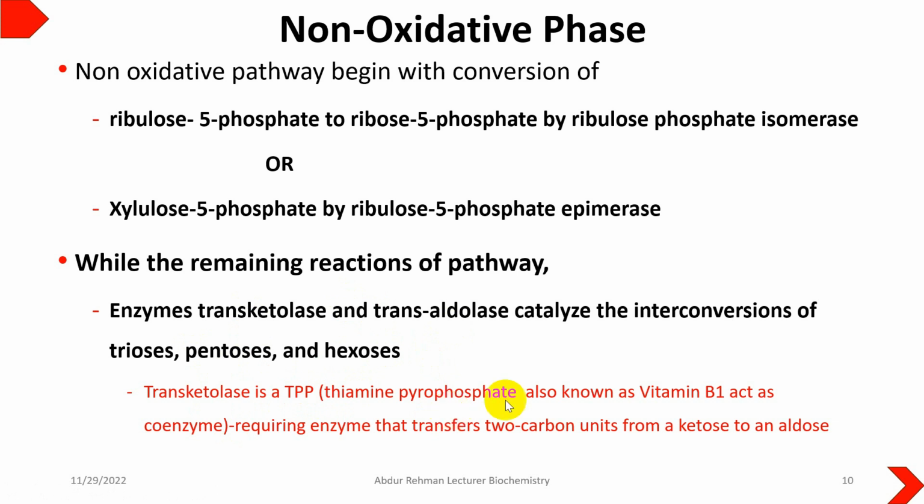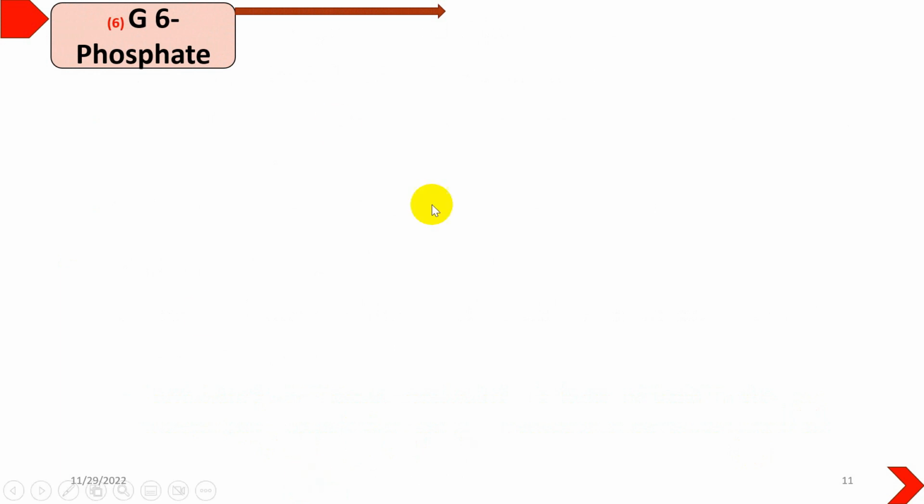We know that thiamine pyrophosphate is vitamin B1, and the function of the transketolase enzyme is to transfer 2-carbon units from ketoses to aldoses. This flow diagram will further give you the information.